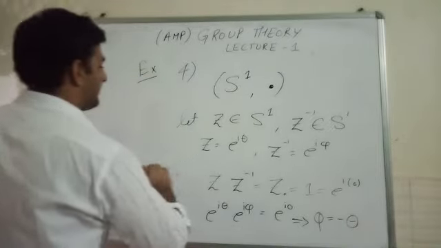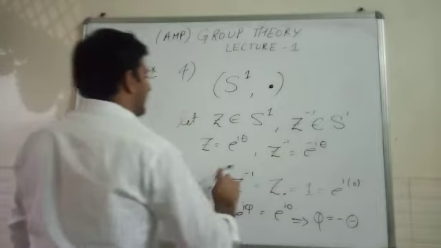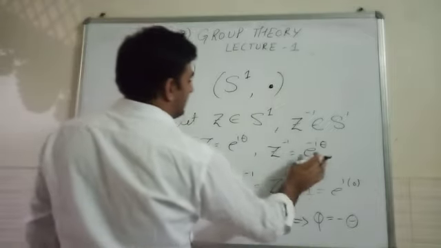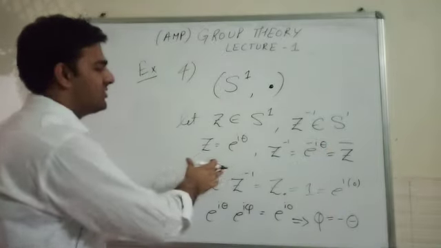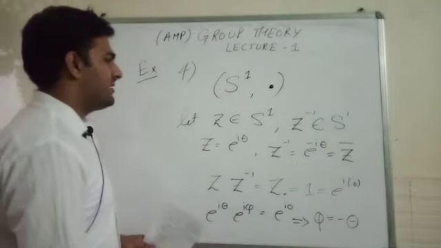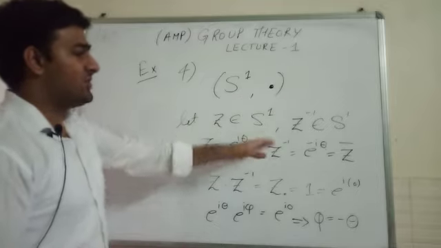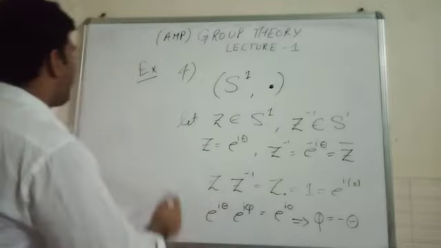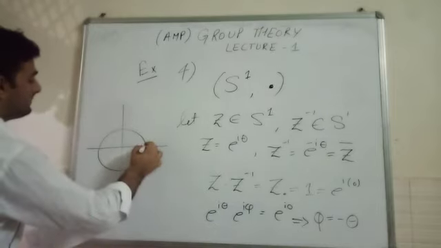So this implies that I can replace the φ here with minus θ, and you see that this is indeed the complex conjugate of this complex number. So every complex number has a multiplicative inverse with respect to this binary operation, which is its complex conjugate. You can picture this on the complex plane as follows.